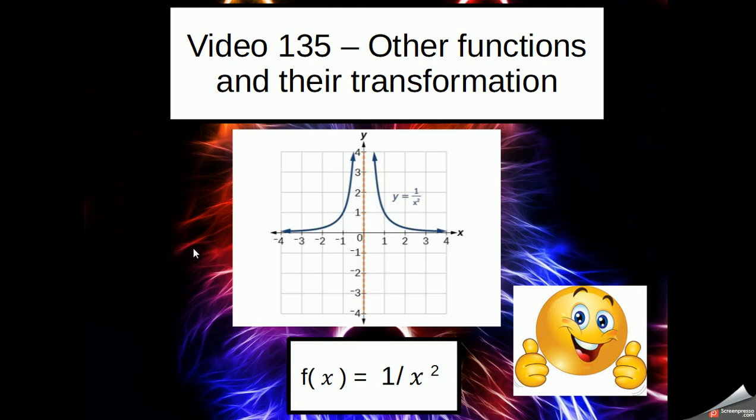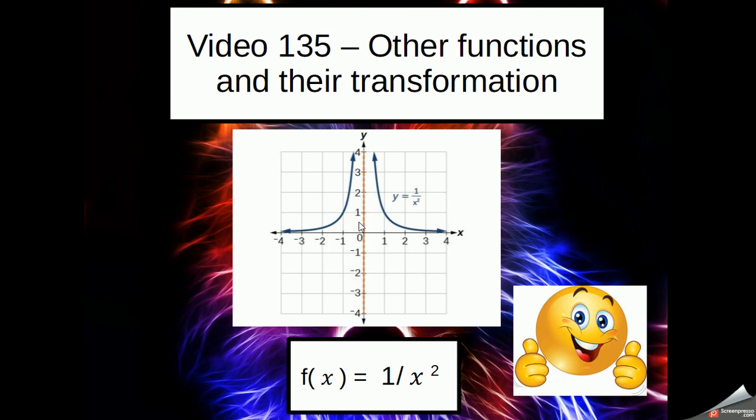The final one we need to be able to recognize is 1 over x squared, where the difference is that because a negative squared will give us a positive, in the last graph we could have y values that were negative.